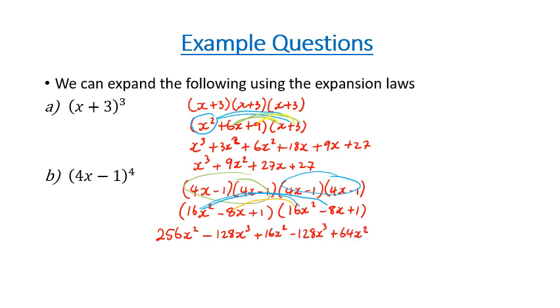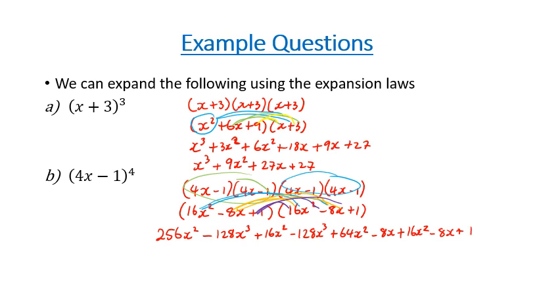Then I've got negative 8x times 1, which is negative 8x. And now I've got my last, so I've got to go 1 times 16x squared, which is 16x squared, 1 times negative 8x, negative 8x, and 1 times 1, which is 1.